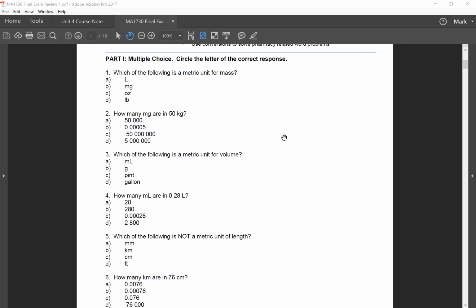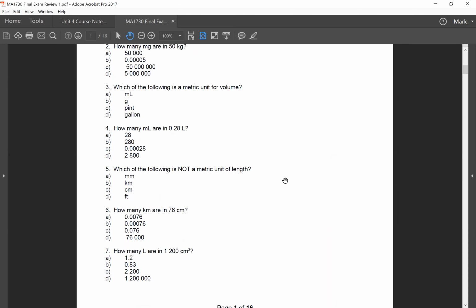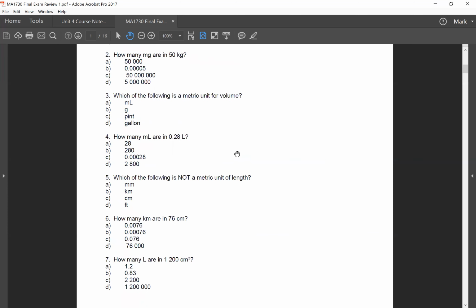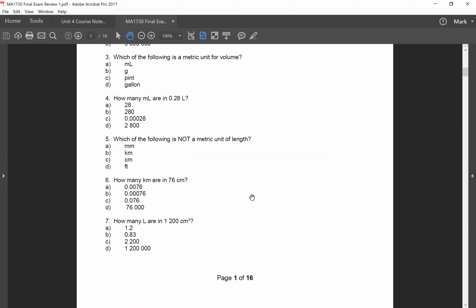The metric or unit conversions, I don't know if you guys really need me to go over this. You know that you're getting a data sheet that shows you all of these conversions. So I think I might leave unit conversions for you guys to practice with, but I will warn you, there are a lot of questions about unit conversions.